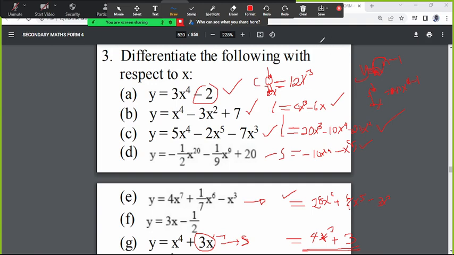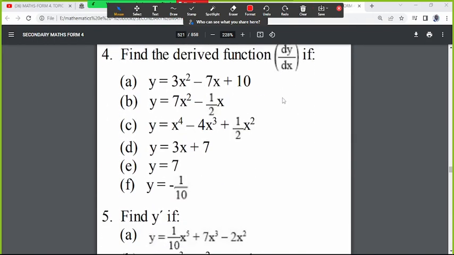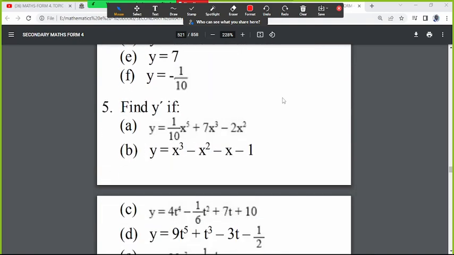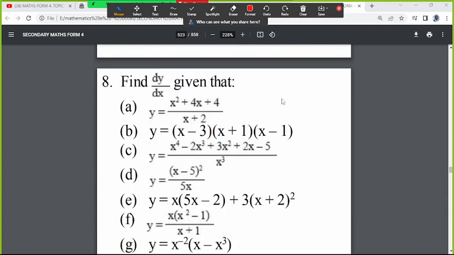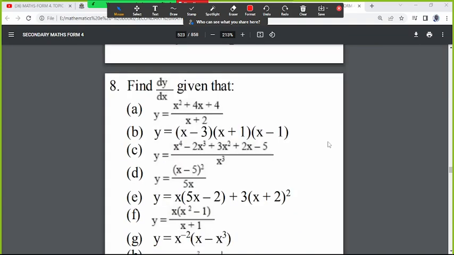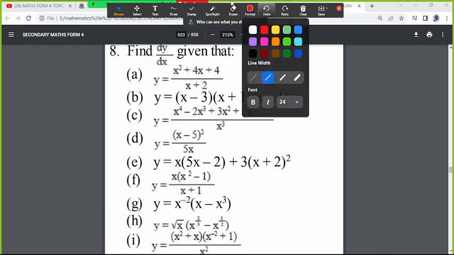And now I want us also to do just one thing. There's one exercise before we do something else. Question 8 has expressions.